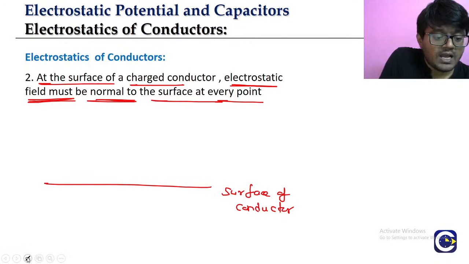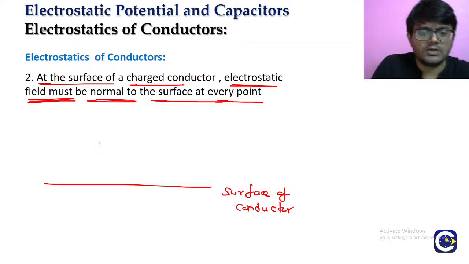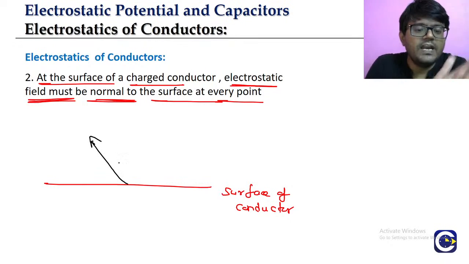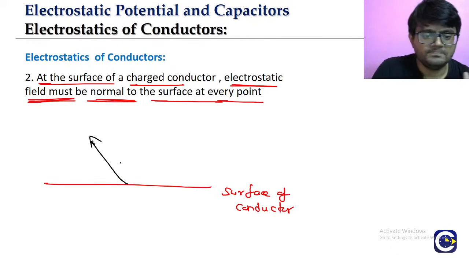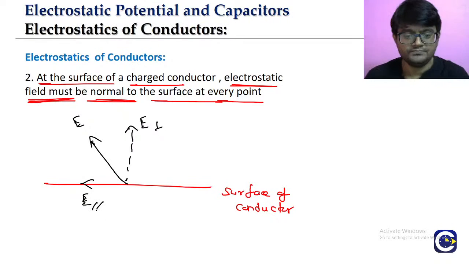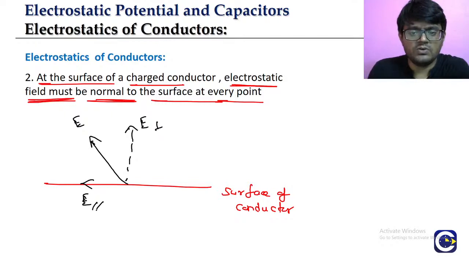If not, what is going to happen? Let's give a contradicting example. Let's say the field is in some angular direction, not normal. Then we will get a perpendicular component of the field and also a parallel component of the field. If the field is making an angle, it can have two components: one perpendicular and the other parallel.